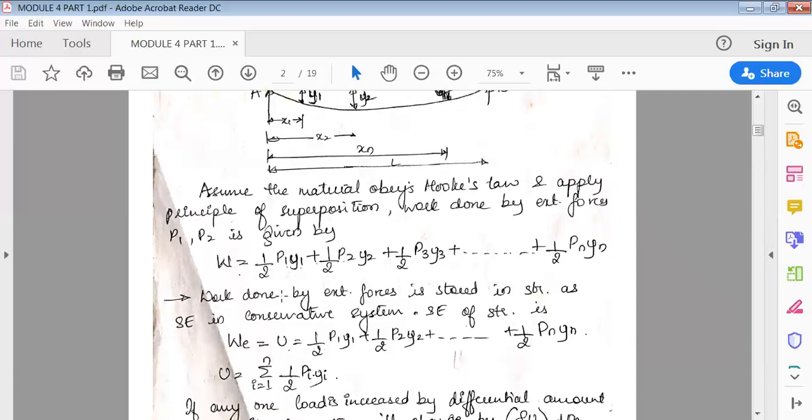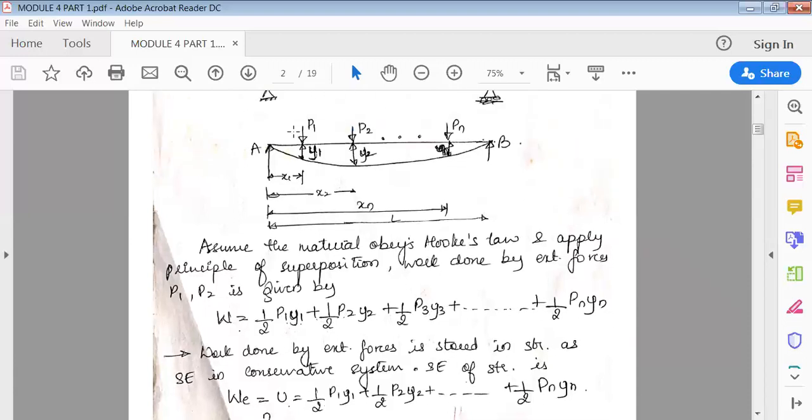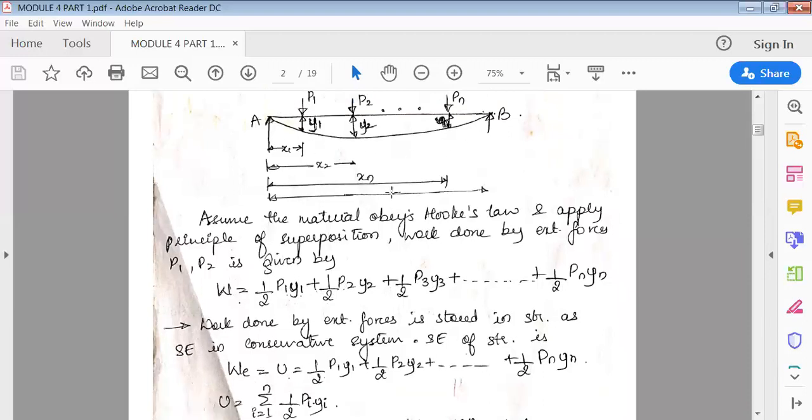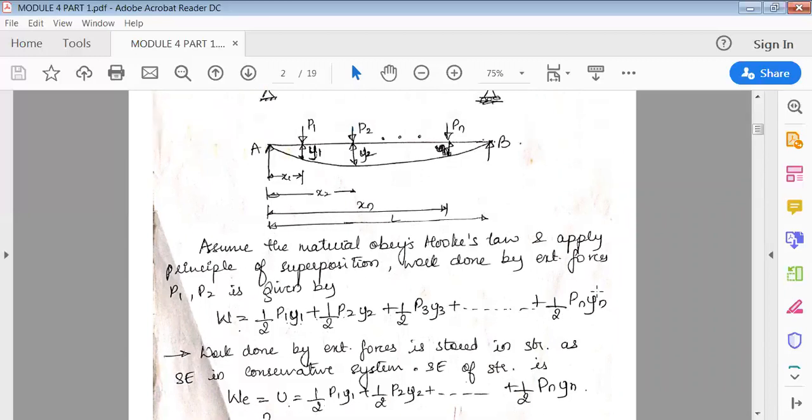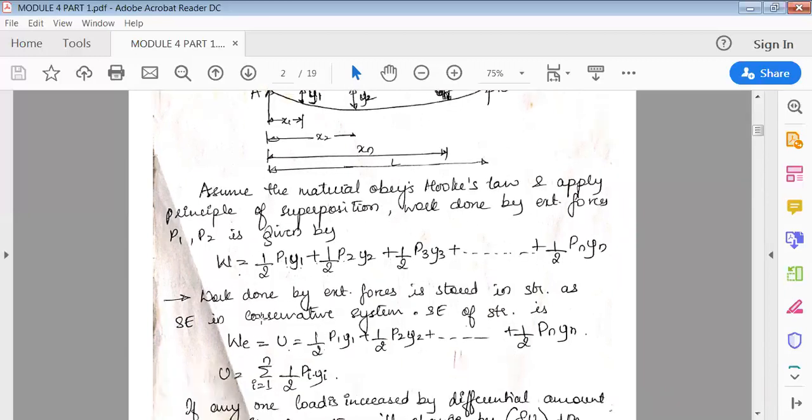Now the work done by the external force is stored in the structure. Whatever force is applied, before it bends, it is stored in the structure. That energy is called the strain energy of the structure. This energy is because of the external load.